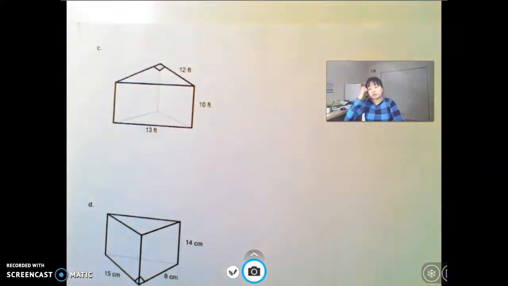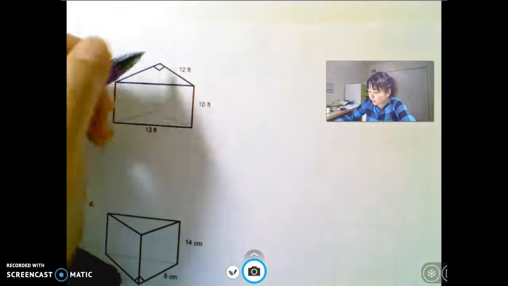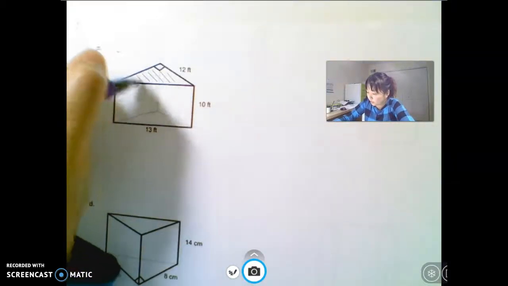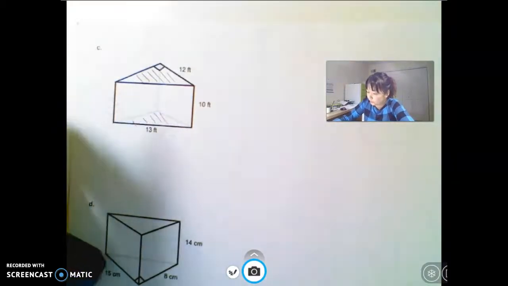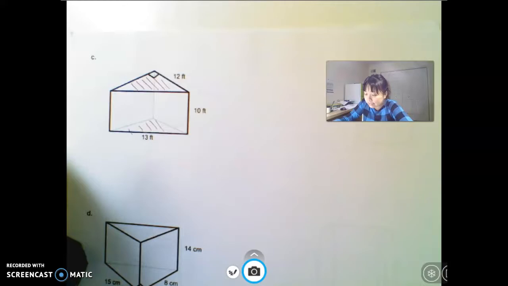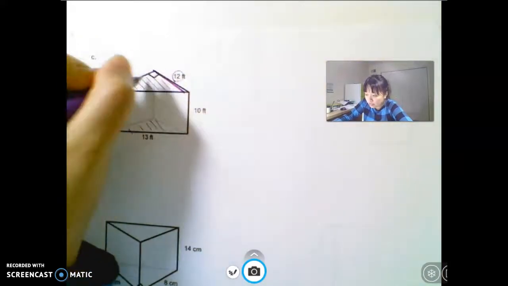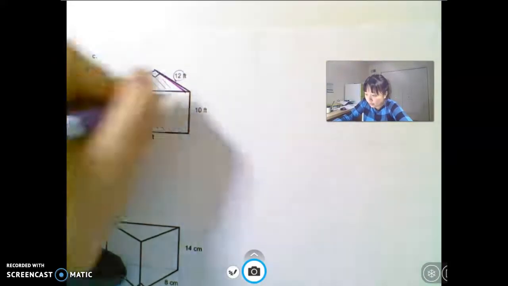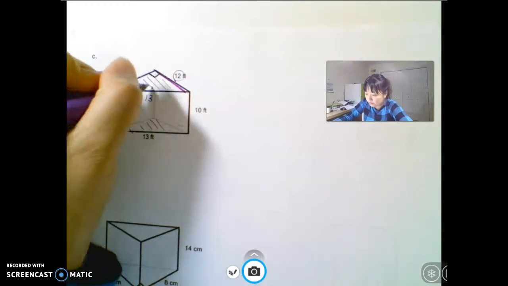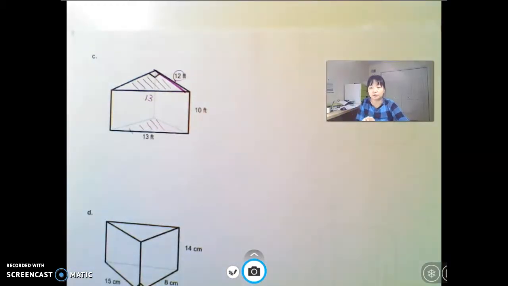So triangular prism, if you think about it, there's a triangle at the top and the bottom. Well, triangle is base times height. We only have 12 for the base. We don't have the height, but I know that the long side, the hypotenuse, is 13, just because it says 13 at the bottom.